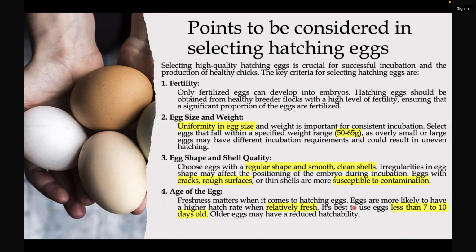We have some environmental conditions where we can keep them for 7 to 10 days, but after 10 days there is a greater chance of reduction of the water content of the egg so much that the embryo development will not be so good there, or we will not have healthy chicks out of those eggs. That is why this time limit is recommended.